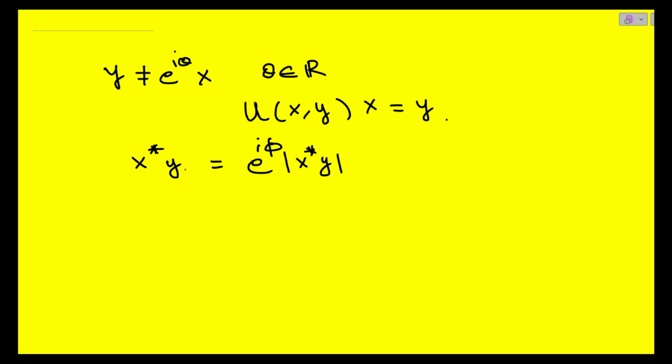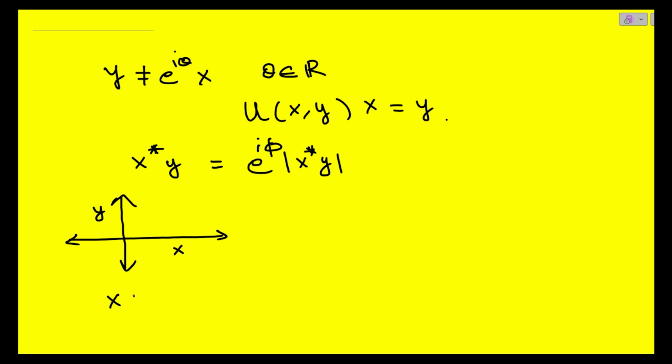X star y is a complex number, right? So any complex number has the absolute magnitude, and then you have this e to the power i phi part of it, right? Which will indicate the direction in which it lies in the complex space, right? So what I'm talking about is if you have the complex space, it has the real part. So let's say x and y, right?